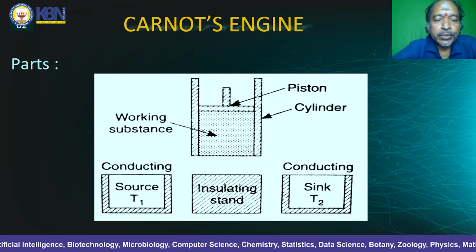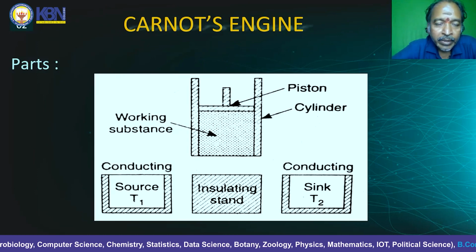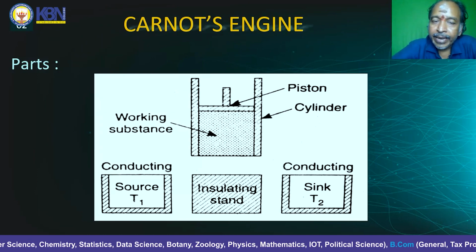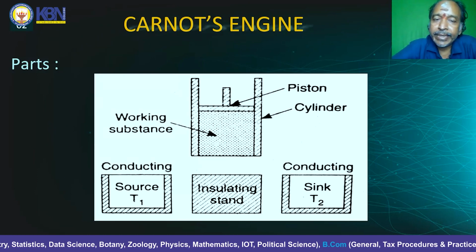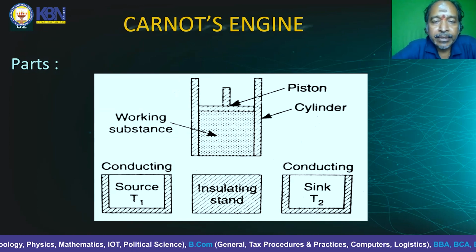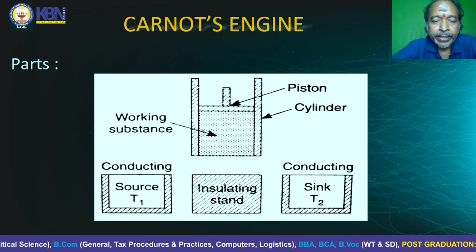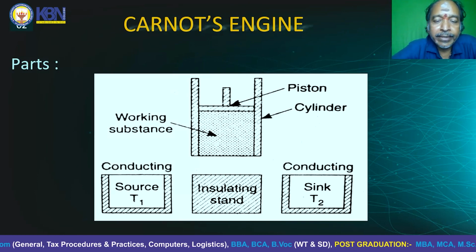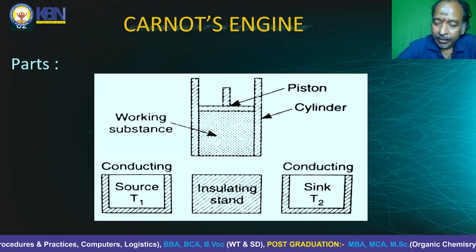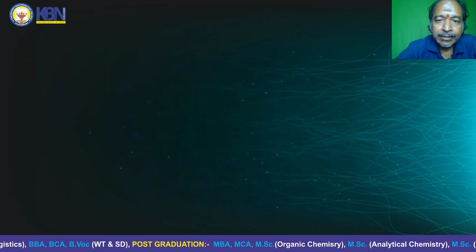The source is the hot body and the sink is the cold body, and the working substance is the ideal gas enclosed in a cylinder, and the entire system is isolated by simply placing it on the insulating stand. These are the main four parts of the Carnot's engine.